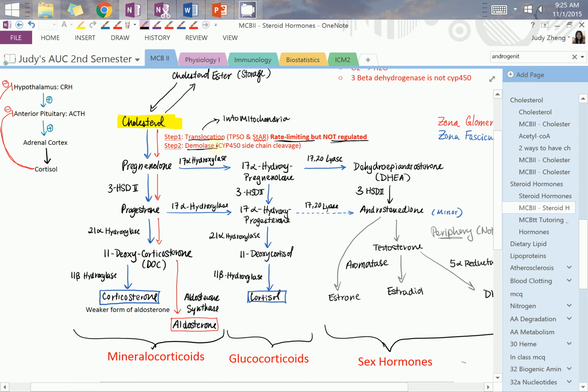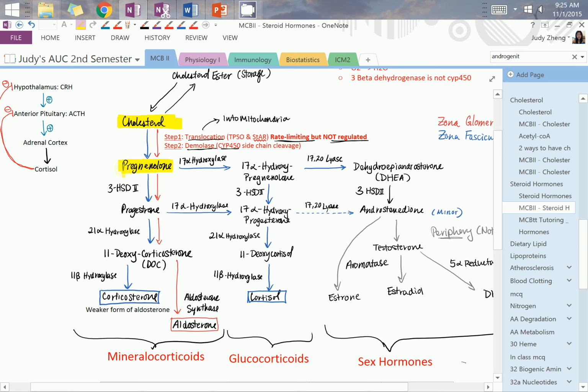It's called desmolase, but it's also a cytochrome P450 side chain cleavage enzyme. They're just different names for the same thing. And what that enzyme does is it acts on cholesterol, giving you pregnenolone. So you probably need to know this one because it's one of the beginning steps that is highly regulated.